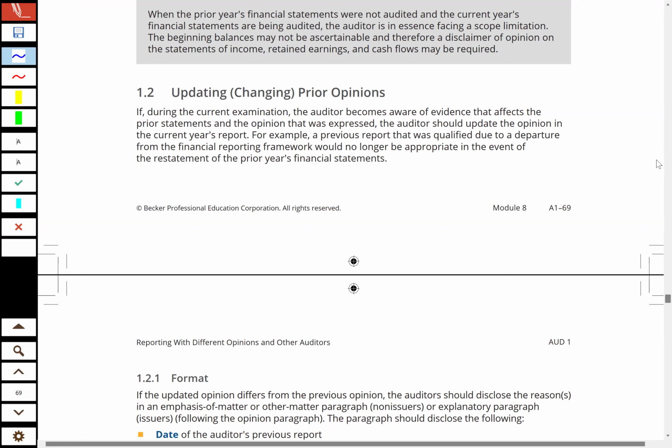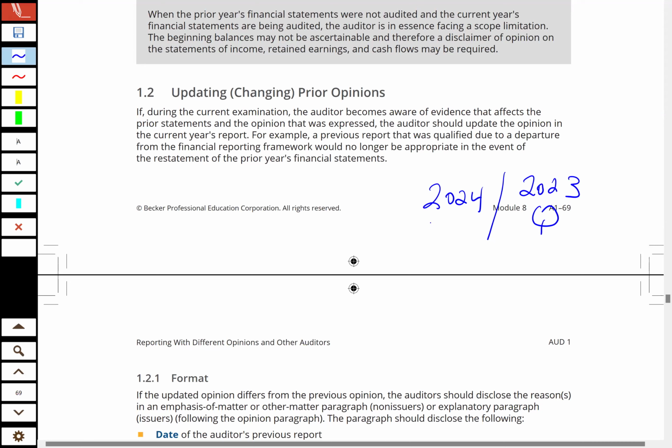Your mic's not something I can really deal with, but I'm sitting here and I had a qualified opinion. I come back in the next year, and let's say I had audited 2023, and I had a qualified opinion.